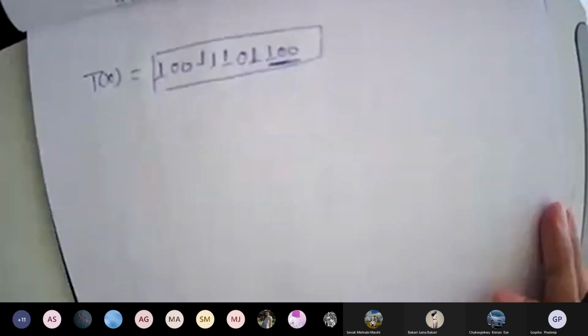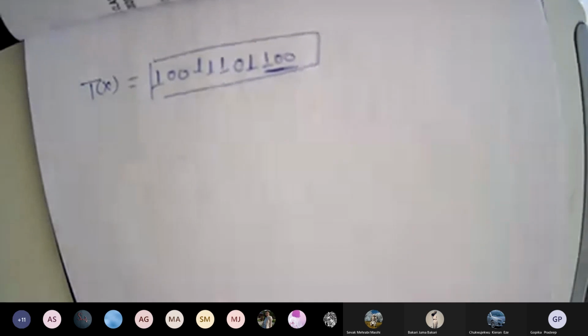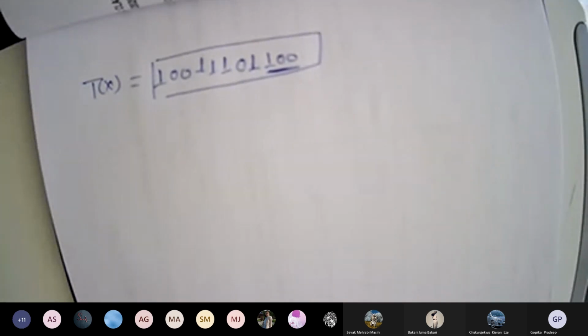Now I have one question for you. Whatever the remainder is, if you have already added it to the transmission bits, then whenever you divide again with your generator polynomial 1001, what should the remainder be now? Should there be any remainder now?